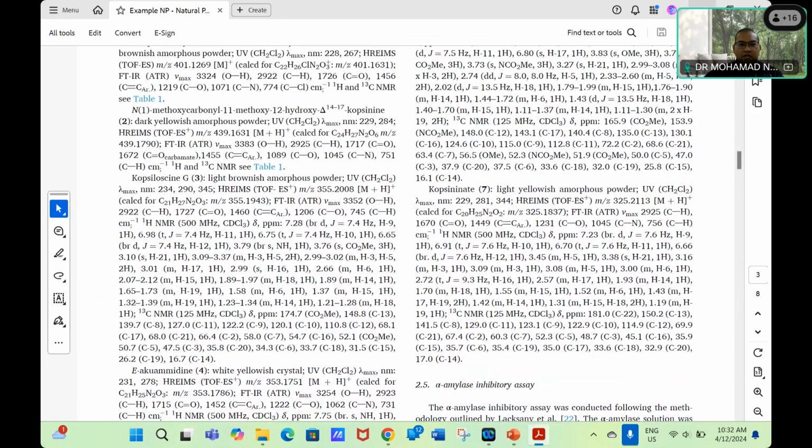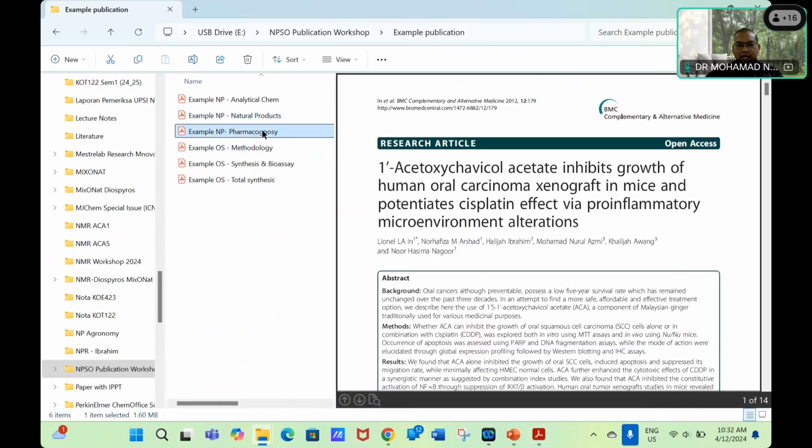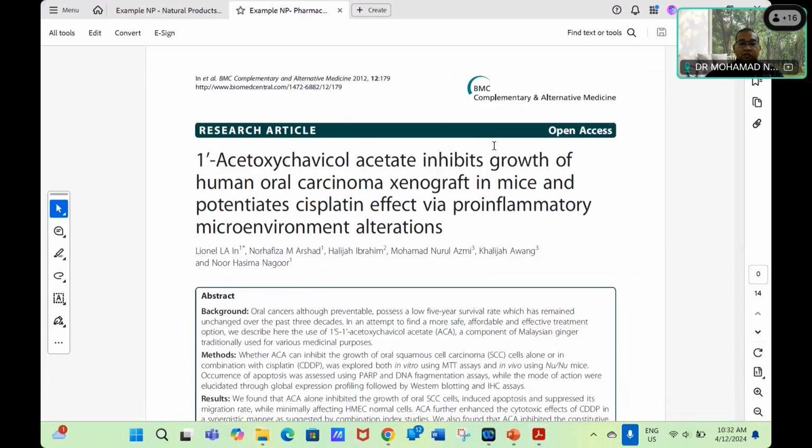Okay, so for the pharmacognosy, usually what I can explain is that it refers to the mechanism studies. For example, this is a paper by myself in 2012. My task during that time was to isolate these compounds from nature. After that, we collaborated with the biologists.